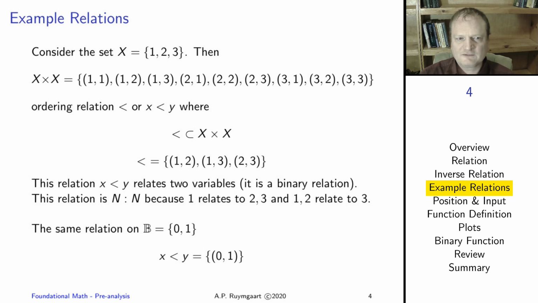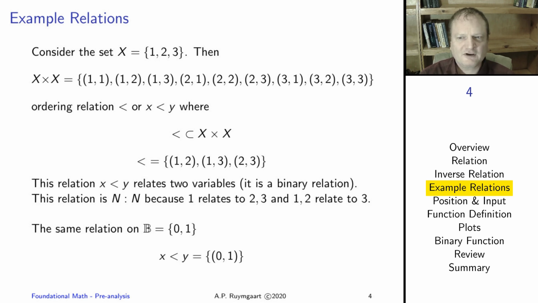So this is a one-to-many relationship in that sense. But also we see that the element 3 in the y position is related to both 1 and 2 in the x position. So both 1 and 2 relate to 3. So this is a many-to-one relation. And that will become important later.